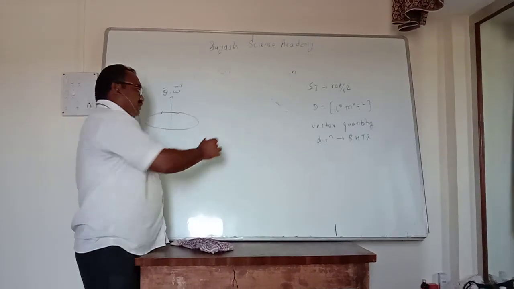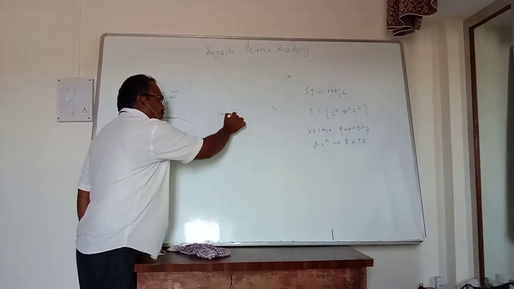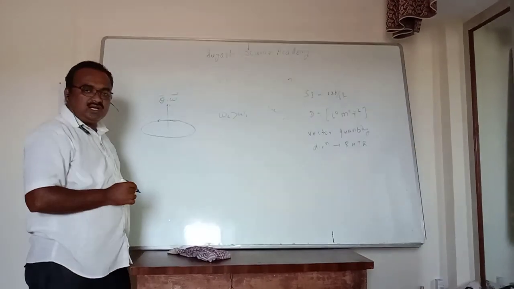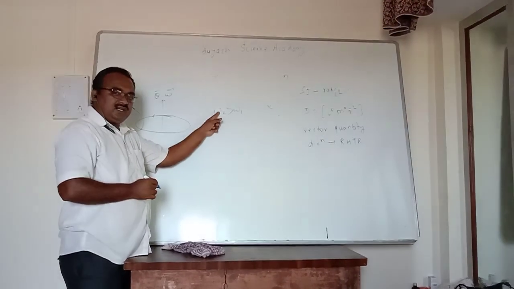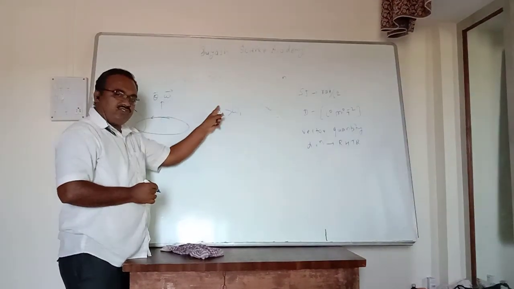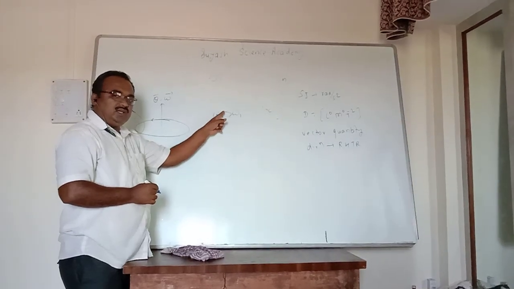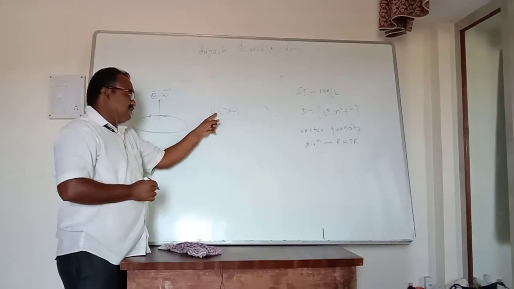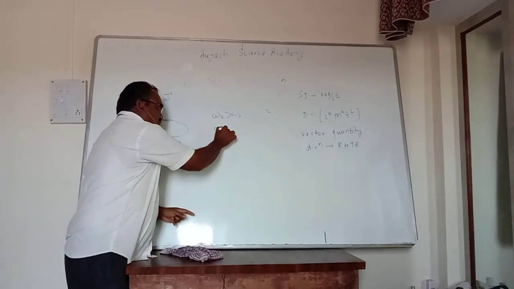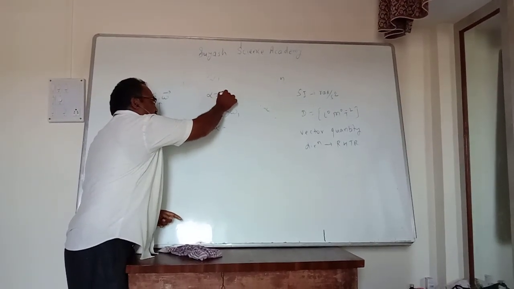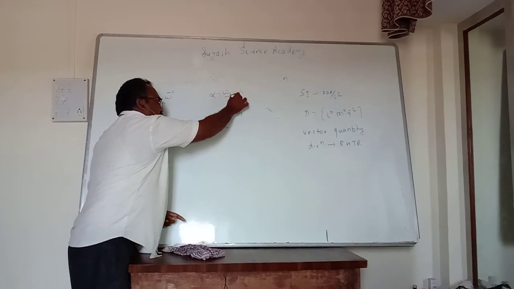Suppose omega 2 is greater than omega 1, meaning the final angular velocity is greater than the initial angular velocity. That is, if the speed is increasing, then alpha is positive, because the formula for alpha is omega 2 minus omega 1 upon t.